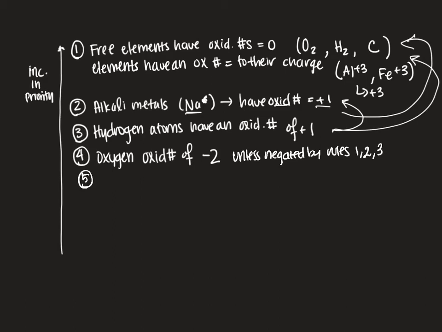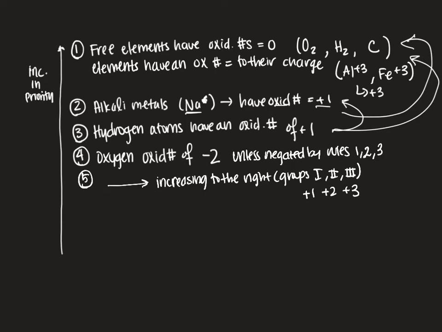The fifth rule is that as you go to the right on the periodic table, I'll just write increasing to the right, and I'm talking about groups 1, 2, and 3, we're going to have oxidation numbers respectively of +1, +2, and +3. Anything in group 1 is going to be +1, which we already saw from rule number 2, and then +2 and +3 and so forth.